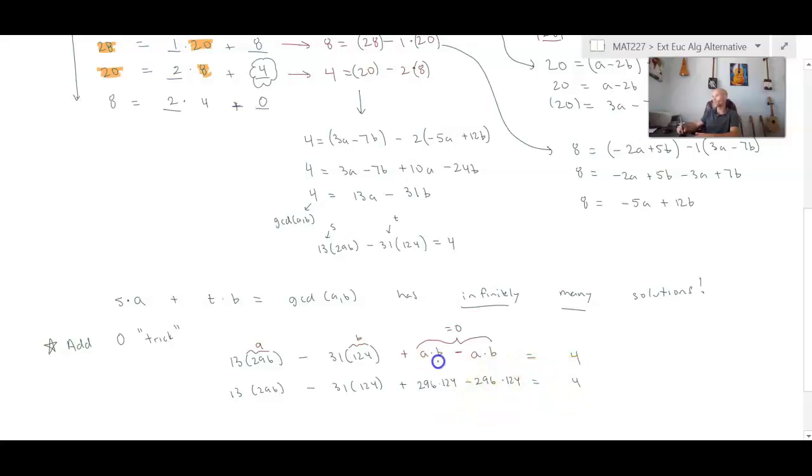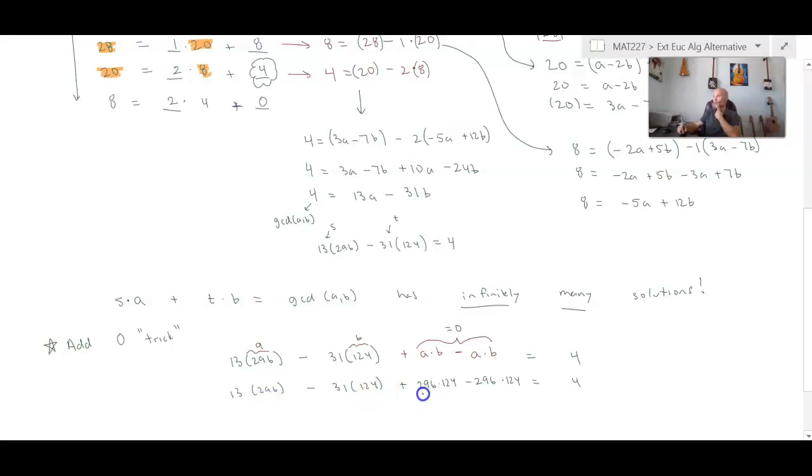Again, these two terms still zero out. But if I think about the 296 and 124 as I have 296 124s and I have negative 296 124s, then I can actually appropriately add them as multiples to, I currently have 13 296s here.